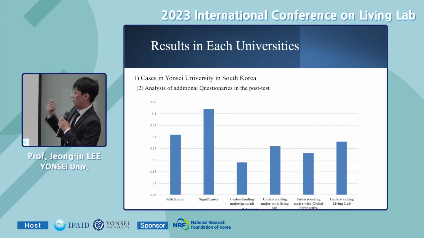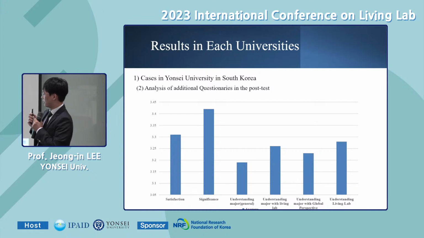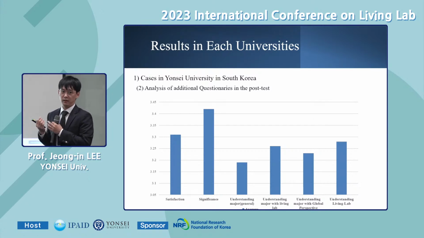And when it comes to the additional questionnaires on living lab activities in the post-survey, Korean students gave the highest score to significance in the class or the living lab activities, followed by satisfaction with the class, understanding of the living lab, and so on.